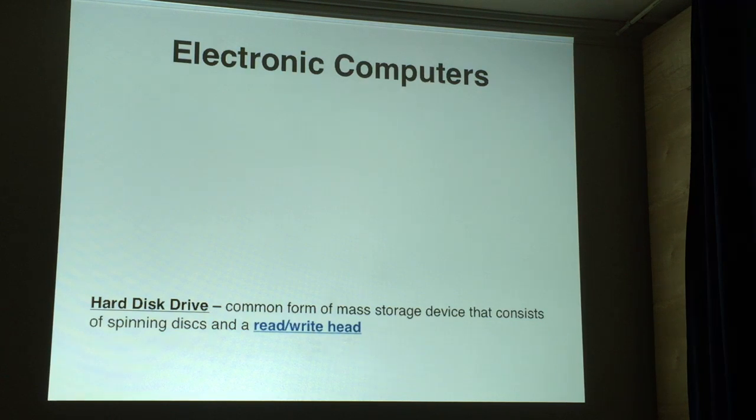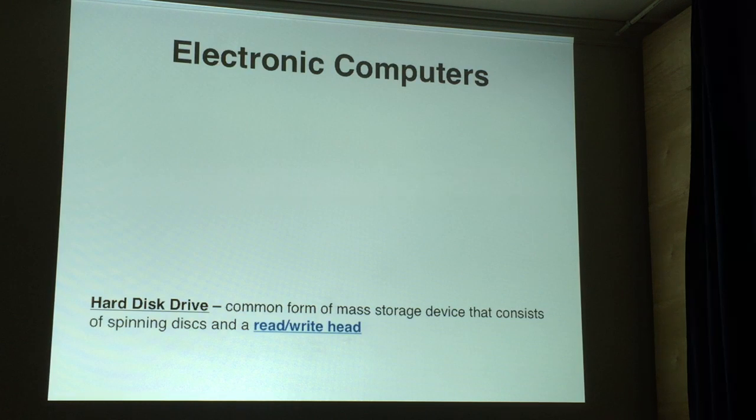Basically it can be made up of two things. The older type is a series of spinning disks that can be read with a read-write head. The reason this is the older form is it's more fragile. And it's been replaced, particularly in some of the smaller Apple computers, by something called solid state memory, which is not spinning disk, but single chips that the data is stored on, and then the read head just travels over top of these chips and picks the data up from that.